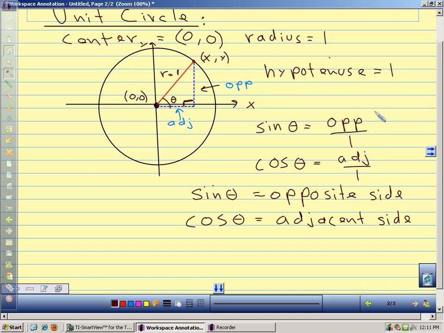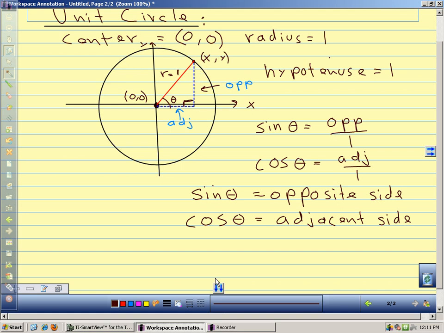Well, the reason this helps us out is the adjacent side is the x-coordinate of our point. It tells me how far I go over to get to this point. And the opposite side is the y-coordinate of the point. It tells me how far up I go to get to the point.